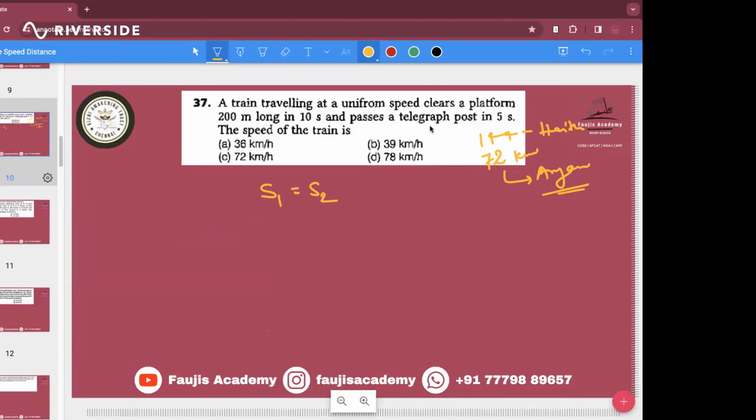And how about this telegraph post? So you said S1 equals S2, sir. But a train traveling 200 divided by 10, how will you do it? Do you know the length of the train? Okay, sir. Got it.